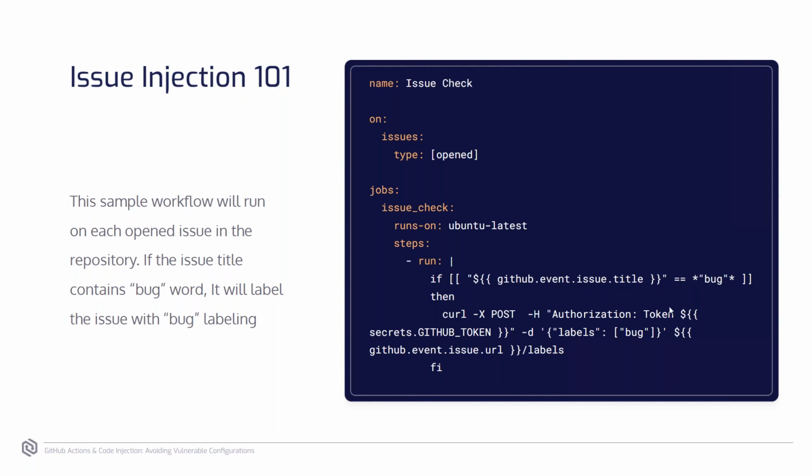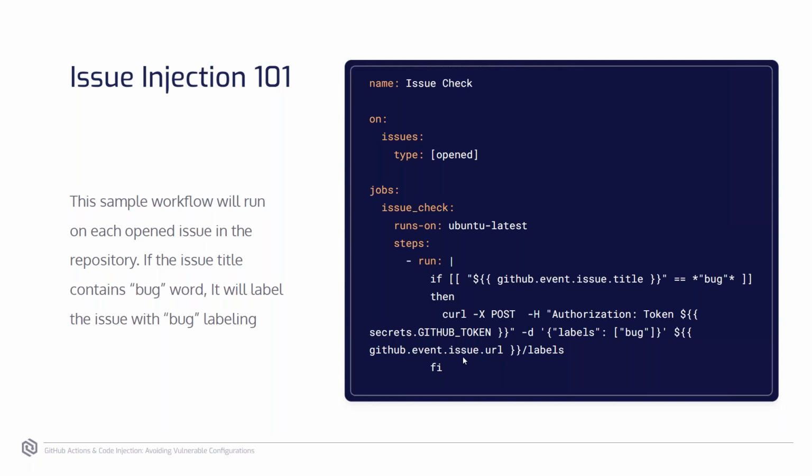The second usage is here, where we're using the GitHub token, which we talked about previously, to issue the API request to GitHub. And the third usage is here, where we're retrieving the issue URL, so we will know which issue we should add the label to.